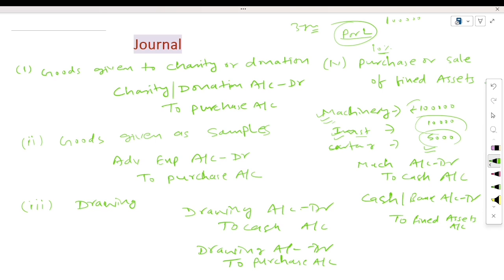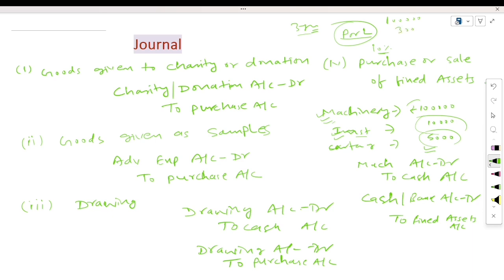Because if you use any type of fixed asset, as you know, after a certain period of time the value of the fixed asset will decrease due to use of that asset, due to wear and tear. So you are charging depreciation on these assets. How much? 10%. Suppose 10,000 every year you are charging depreciation. It means for 3 years you have used it, 30,000.